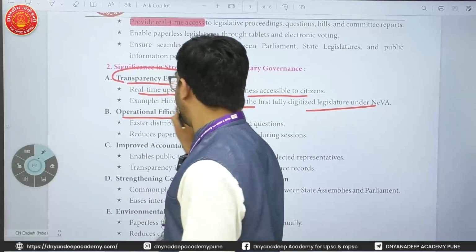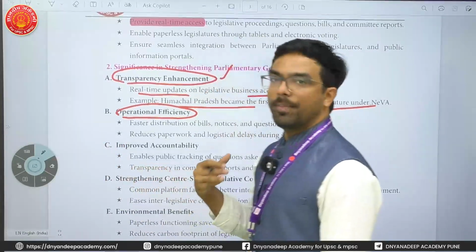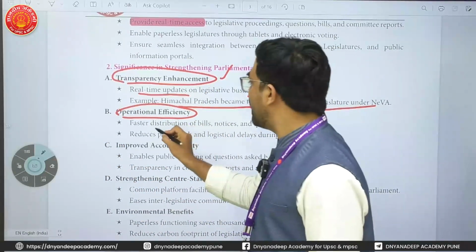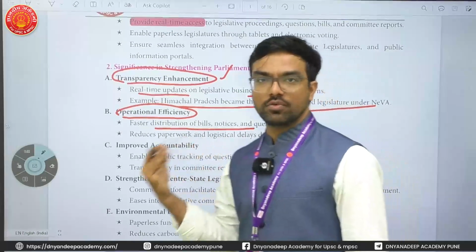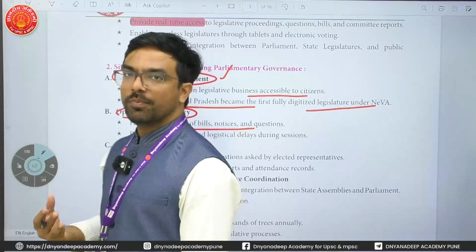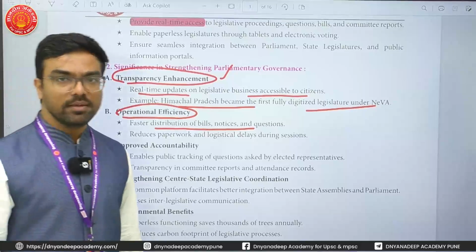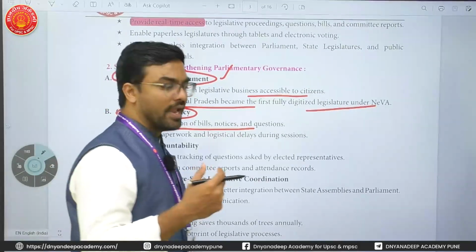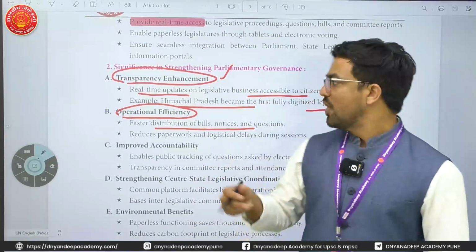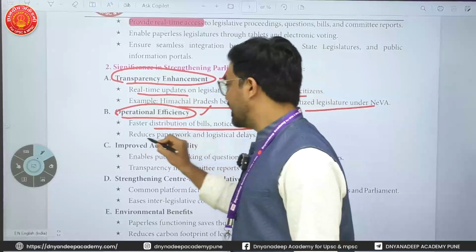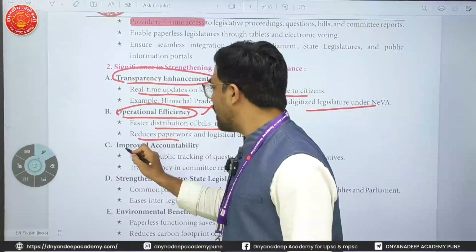It also ensures operational efficiency. How is operational efficiency increased? Because there is faster distribution of bills, notices, and questions, as there is no need of manually printing the bills and distributing them. So it has enhanced operational efficiency, reduced paperwork, and improved accountability.